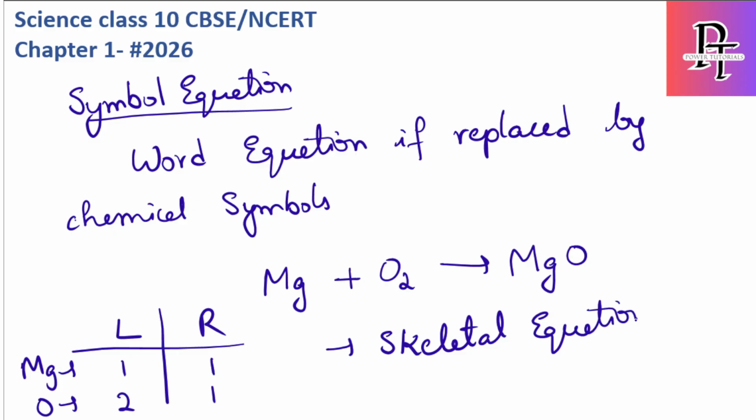A skeletal equation is an equation that does not have any coefficients, and the balancing may or may not be the same. But if it does not have any coefficients, then we call it a skeletal equation. Okay, but in real scenarios, the number of atoms present on the left side, that is the reactant side, should be equal to the number of atoms on the right side. Why?